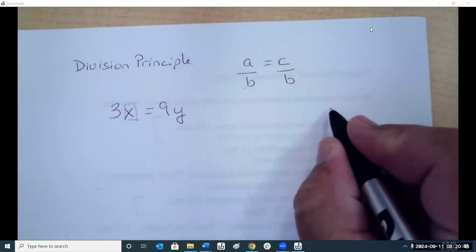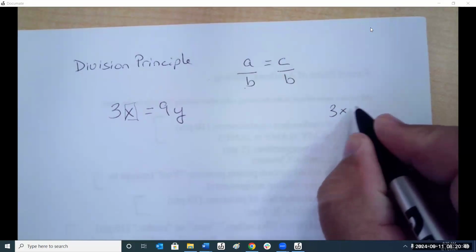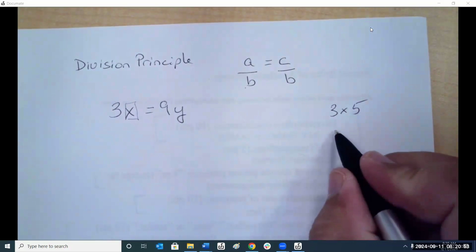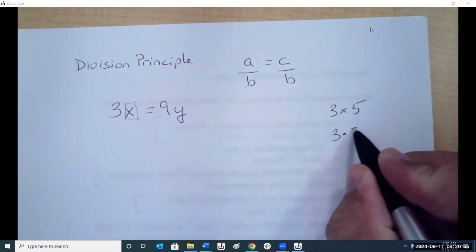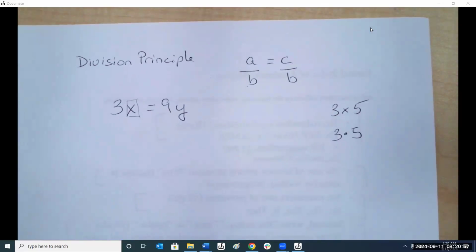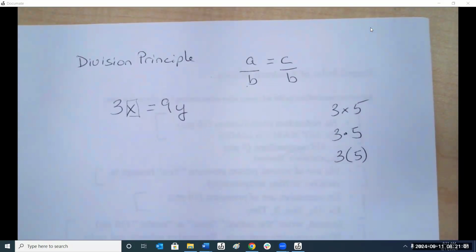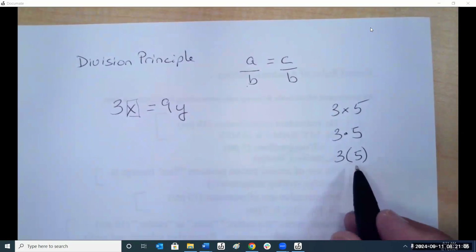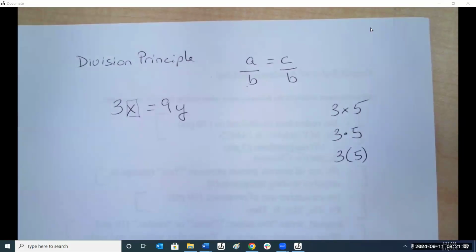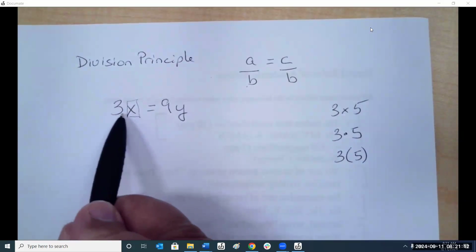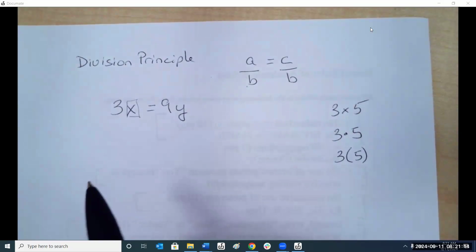In other words, for multiplication, we can have 3 times 5, with nothing between them. That means automatically multiplication. The way you read this is 3 times x.